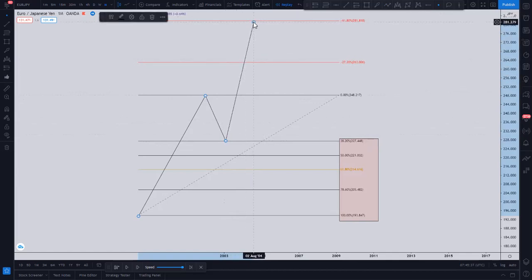Before it gives us what we call a completion, which is an impulsive move, correction, and impulsive move. So now these are the levels that we use.